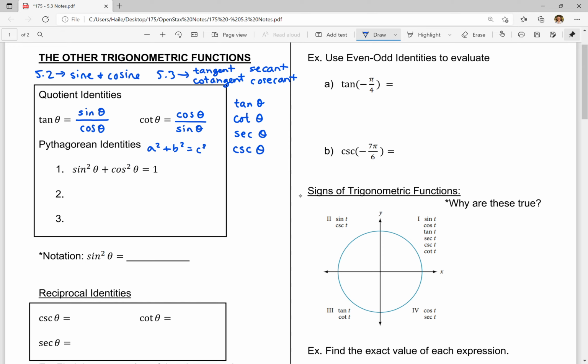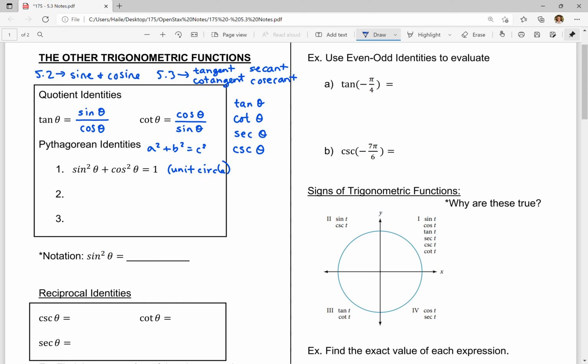This first one that I have written here, sine squared of theta plus cosine squared of theta equals 1, you might remember is that equation from the previous video where I said we weren't going to talk about it very much in 5.2, but in 5.3 it would become important. This came from the unit circle.